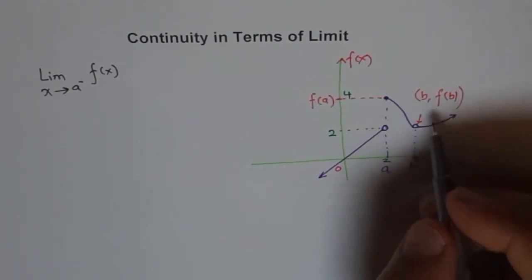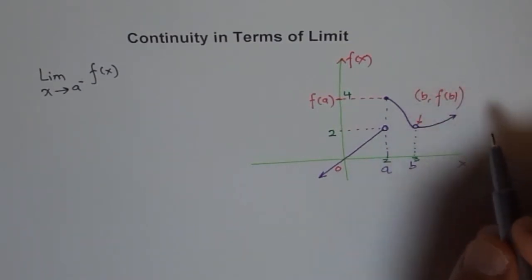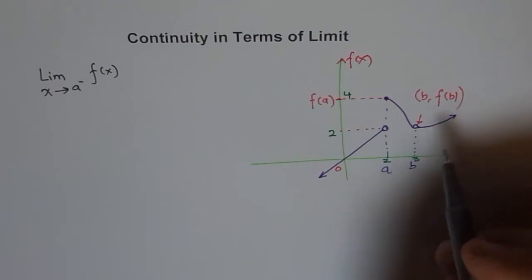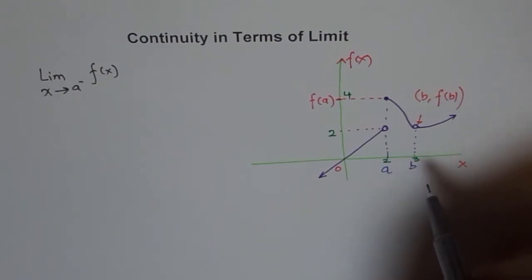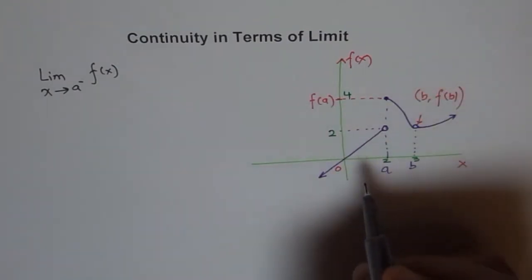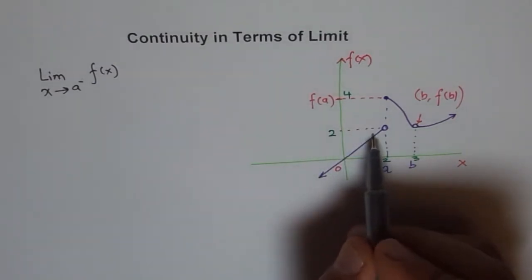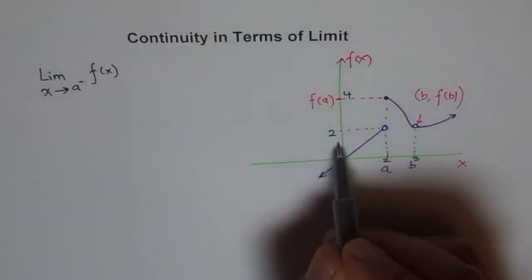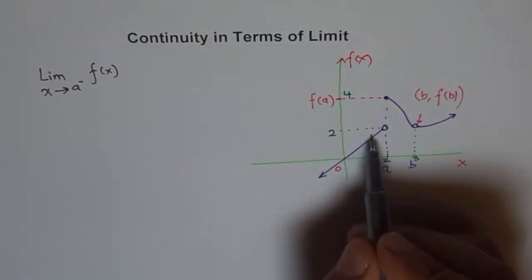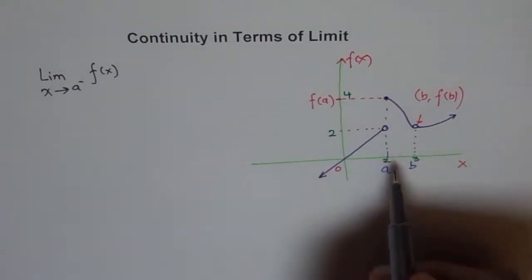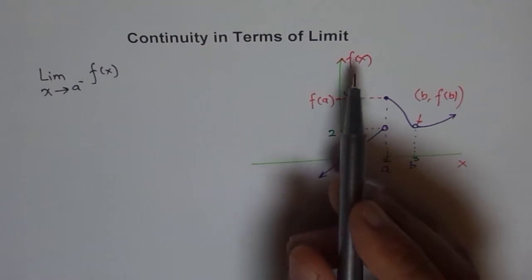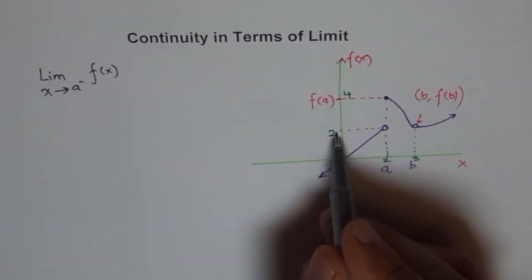So your concepts have to be very clear to understand when I say 2, what I mean and which point I am talking about, okay? That's fine. So as you approach a from the negative side, meaning this side, where do you approach and what is the value? The limit of the function as we approach a from the negative side is actually 2, right?